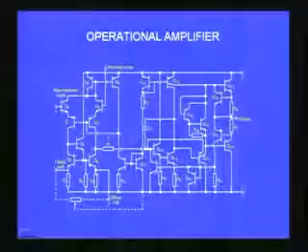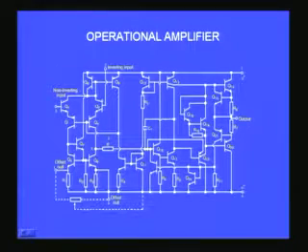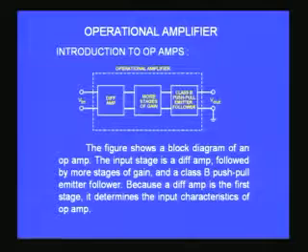So this is what I wanted to show it to you, and later on we will try to understand some of the basic ideas in this. To make things simpler to you, I have shown this in the form of a block diagram. Basically, the operational amplifier will have a differential amplifier at the input, because you cannot have large value capacitors in integrated circuit formalism.